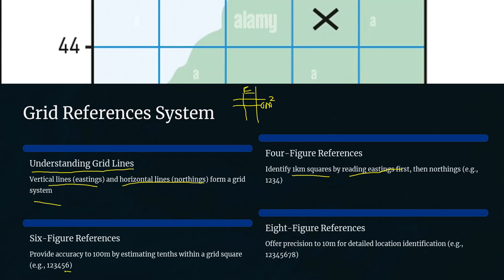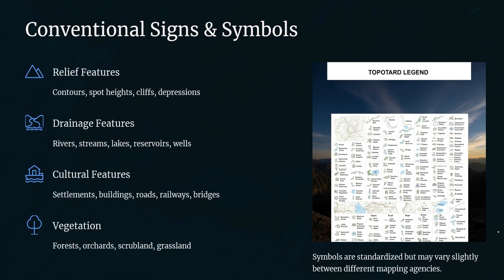This is the 6 figure digit, and this is 4 figure. In the 4 figure, first 2 digits are for the easting and next 2 digits for the northing, right? And the 8 digit is a preferred reference for 10 meter detail location identification, for example this, right?